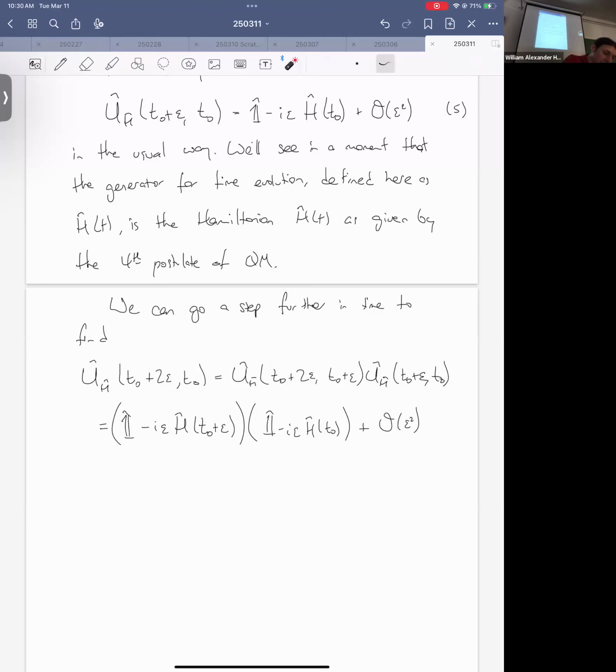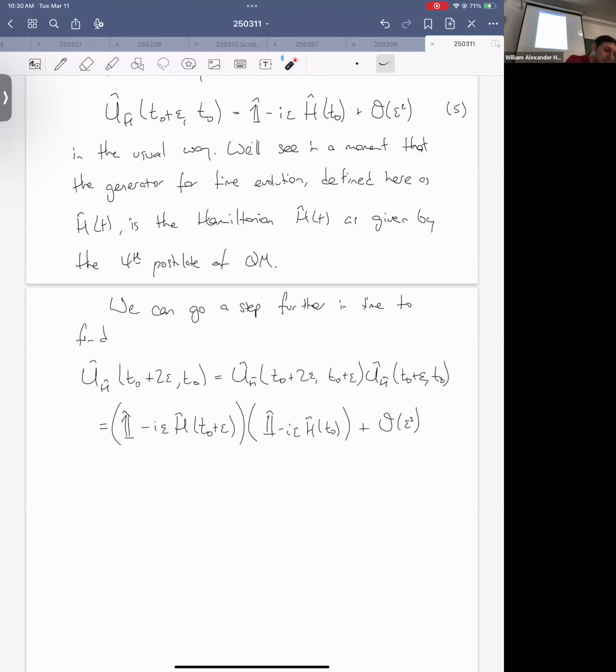Notice that I'm allowing my generator of time evolution to itself depend on time. You might say this seems a bit artificial, and for many problems it is. But you could also imagine, for example, as I've mentioned before, an electron in some kind of magnetic trap, and I apply a time-varying magnetic field to that electron.